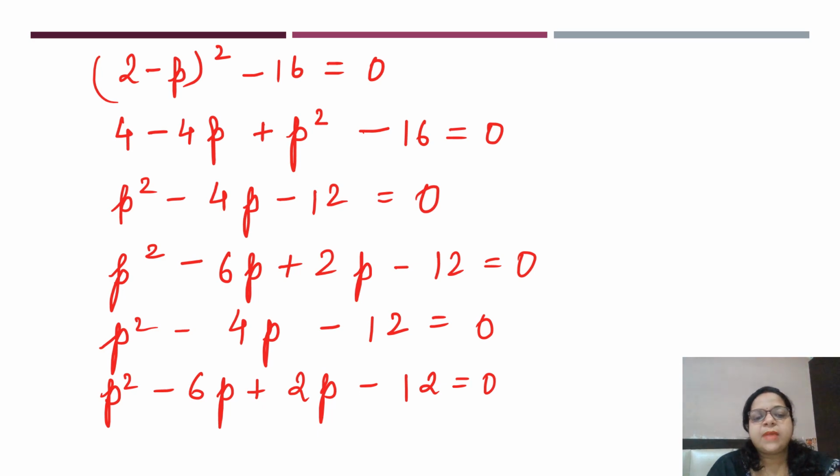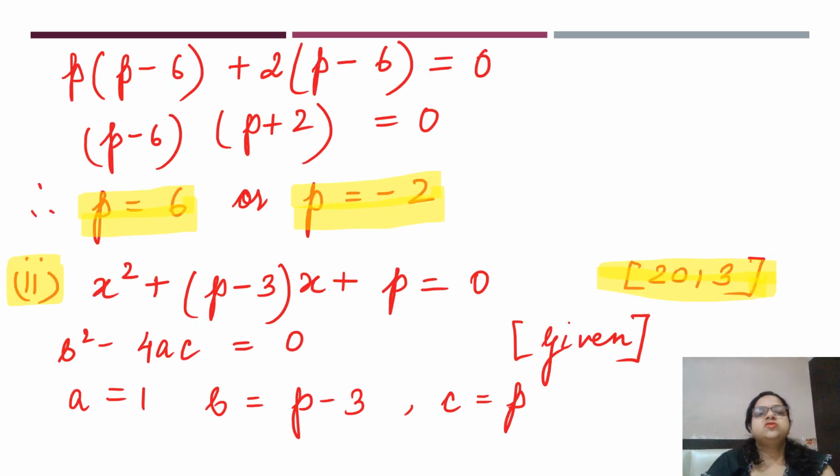Solving the equation, p into (p minus 6) plus 2 into (p minus 6) is equal to 0. (p minus 6) into (p plus 2) is equal to 0. Therefore p is equal to 6 or p is equal to minus 2. Okay, children.